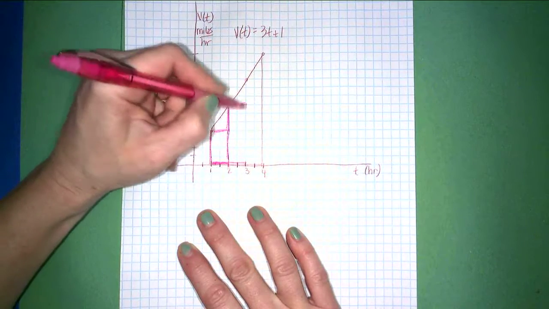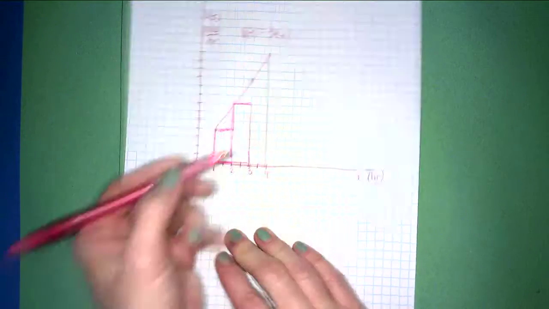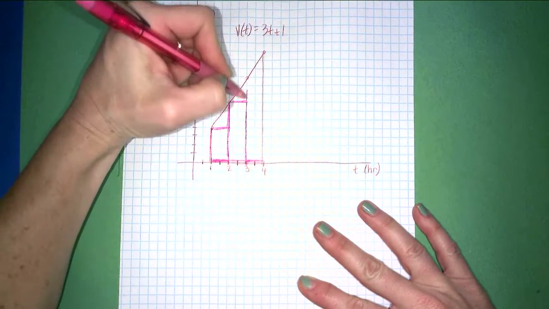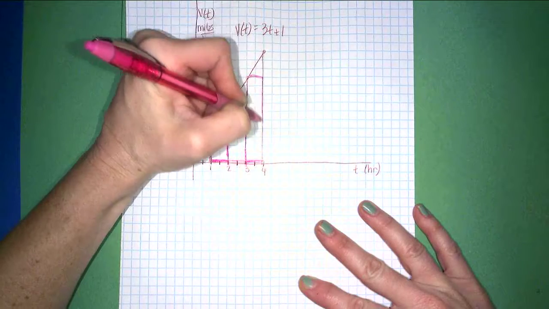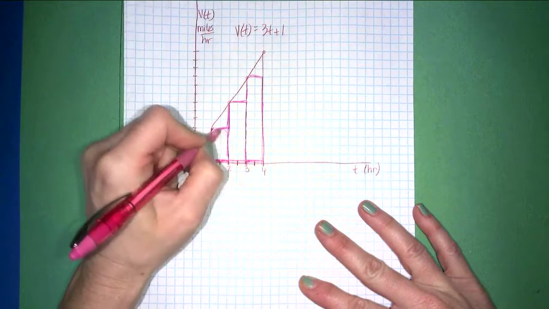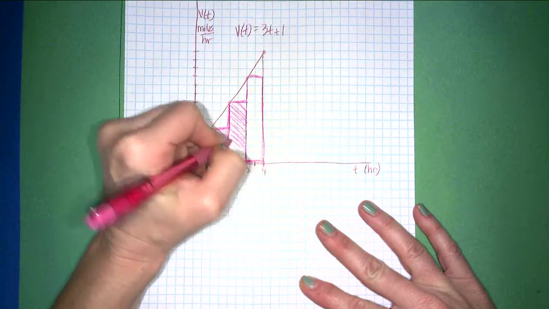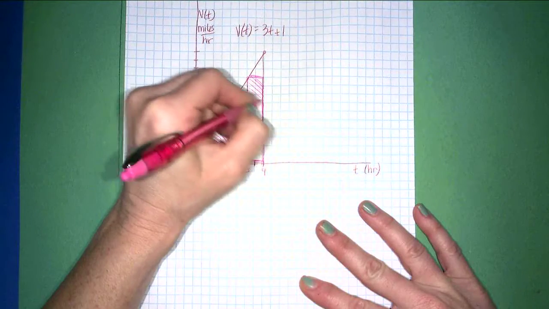And then maybe one more rectangle with a delta x of 1, I'd pull up on the 3, come across and down. So if I were to sum up the areas of these 3 rectangles, I don't know what I would have, but I would have something.